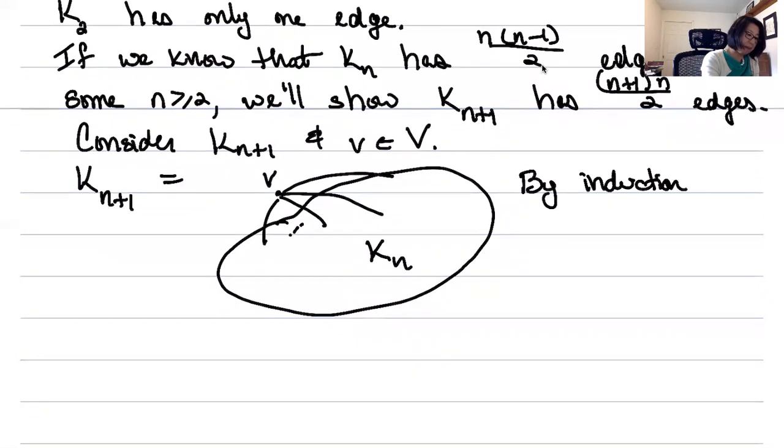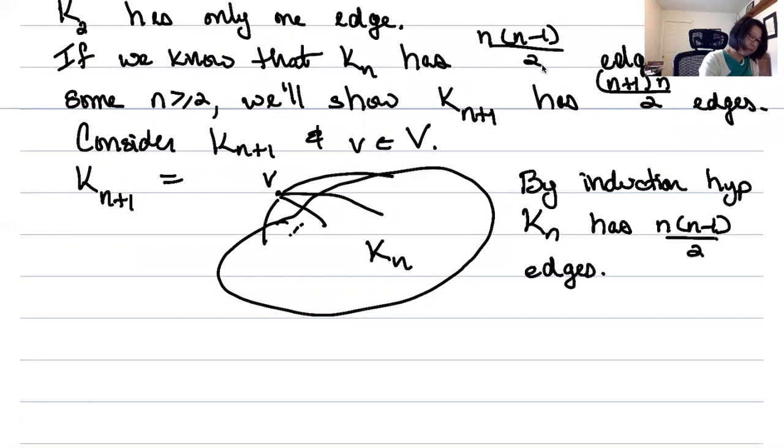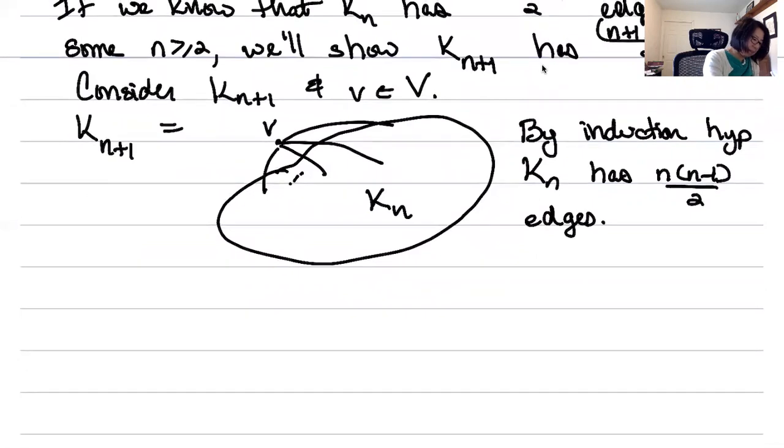By the induction hypothesis, Kn has n times n minus 1 over 2 edges.